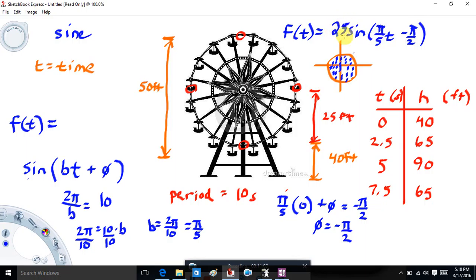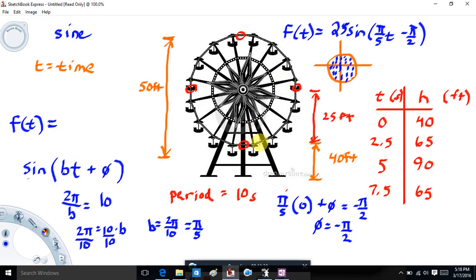So we know this can't represent the height. The height is going to be a positive number. So we're going to have to add in another value. So what value should that be? So at time t equals 0, we know we're at 40 feet.